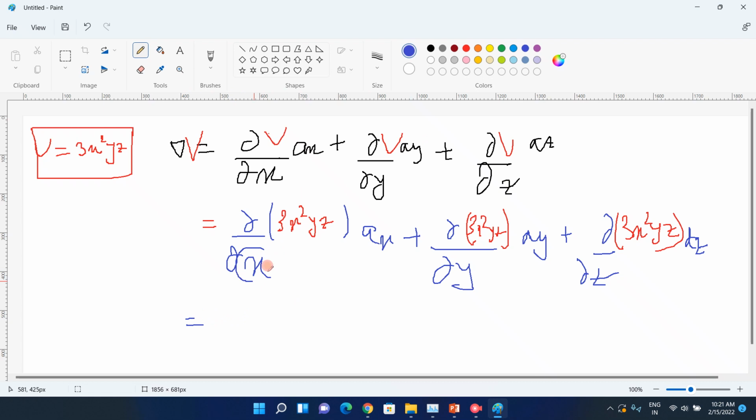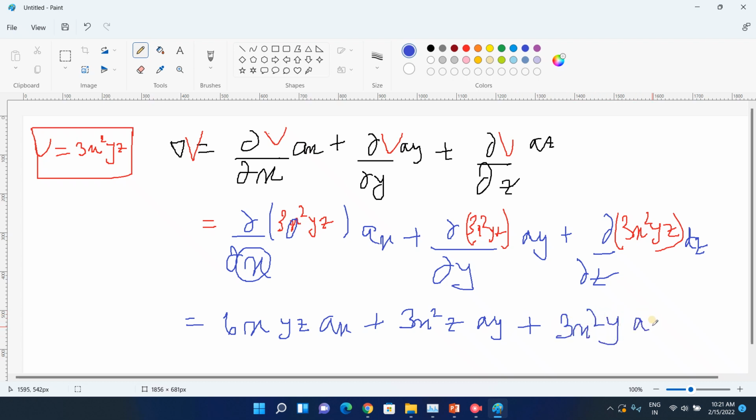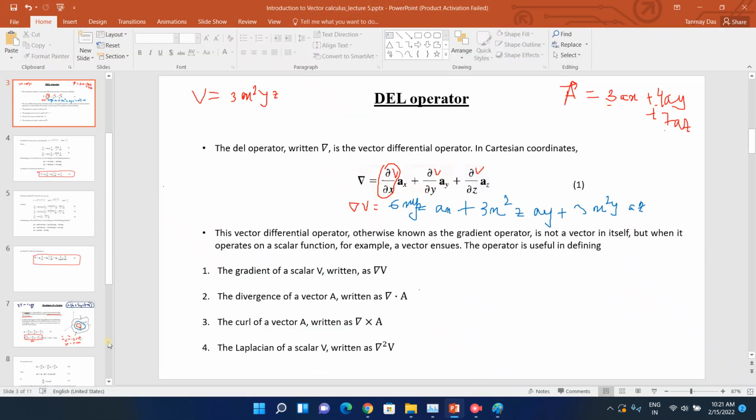So if you perform the partial derivative, you know how to perform that. It will be x with respect to only x, partial derivative, so 6x y z unit vector x. Then next is with respect to y, so 3x square z unit vector y plus 3x square y unit vector z. Okay, this is the gradient of v.